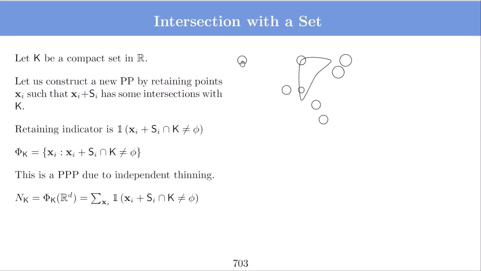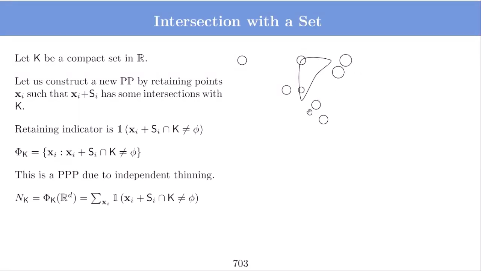Since both grains are independent, their intersection events are independent, so the retaining is also independent. You can think of this as independent thinning. You are going to each point and thinning the point, but the thinning event is independent across points.